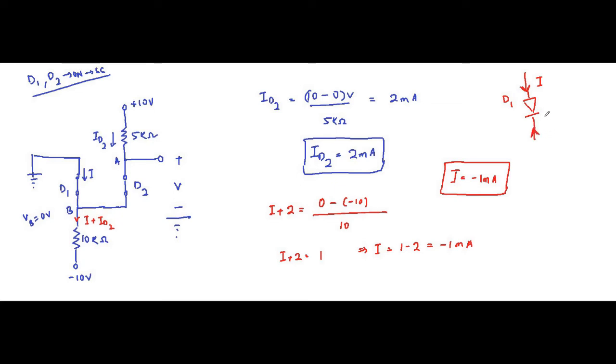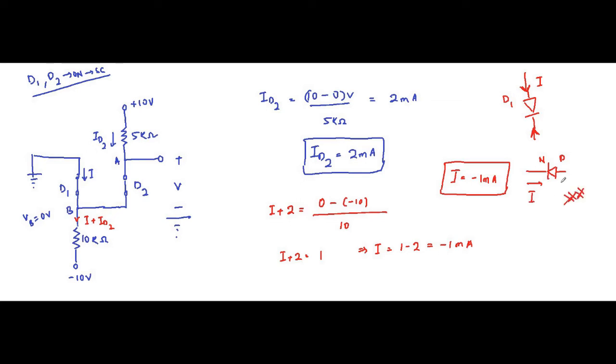I have already discussed in a lot of questions related to diodes, and in the basic concepts related to diodes, that current can never flow from N to P side. Like this, current can never flow. It is wrong.